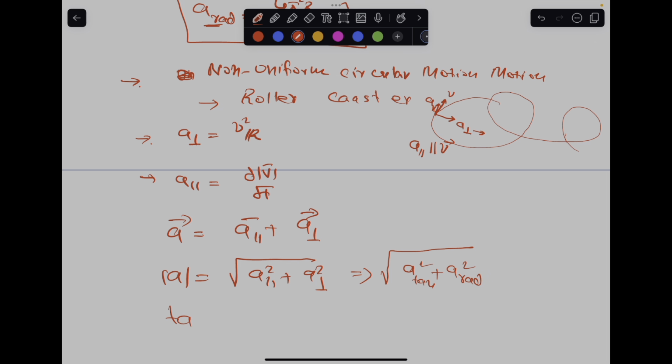And we can find the direction alpha between the vectors, which is nothing but a radial divided by a tangential.